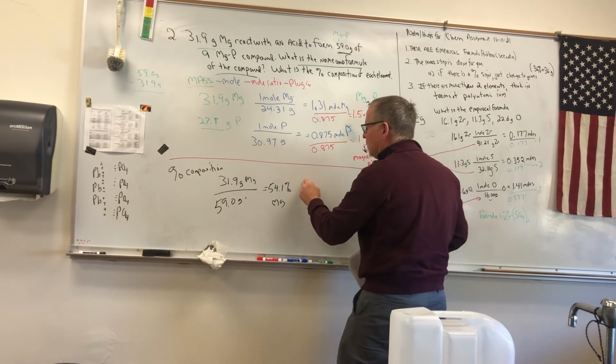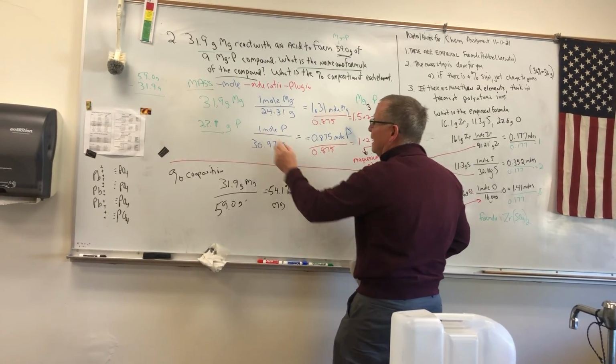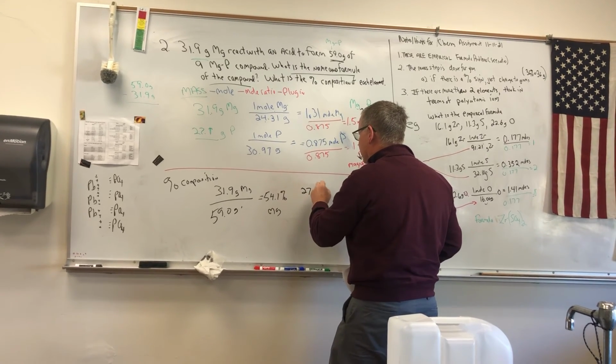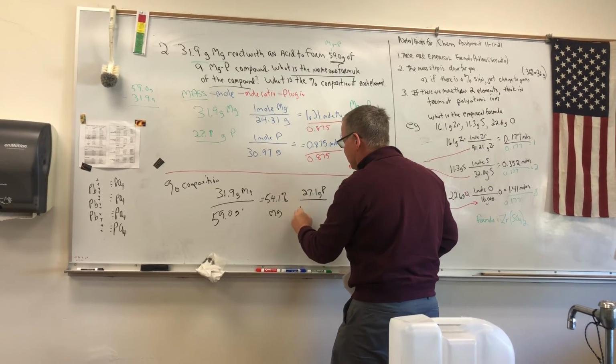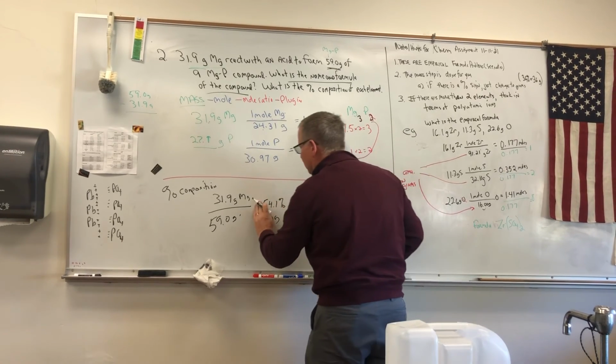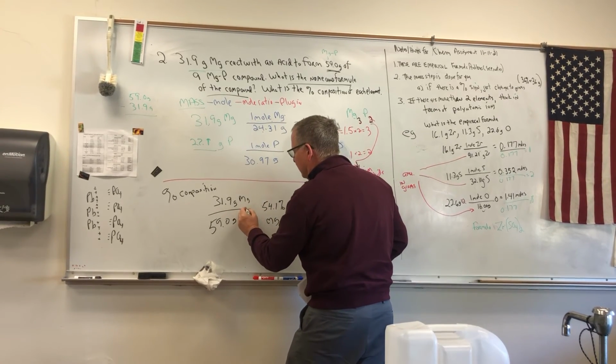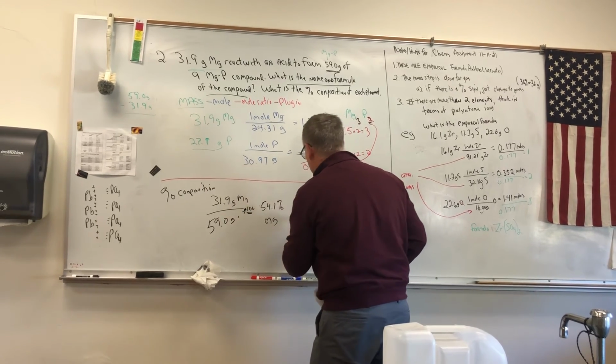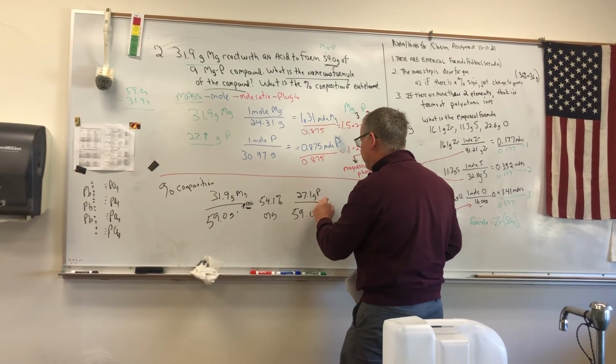And then we're going to take the mass of phosphorus, the 27.1 grams of phosphorus, over that same total, 59. Oh, one thing I kind of left off here. You multiply by 100 to get a percentage. Sorry about that.